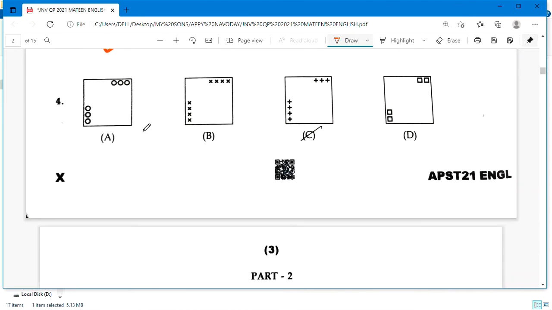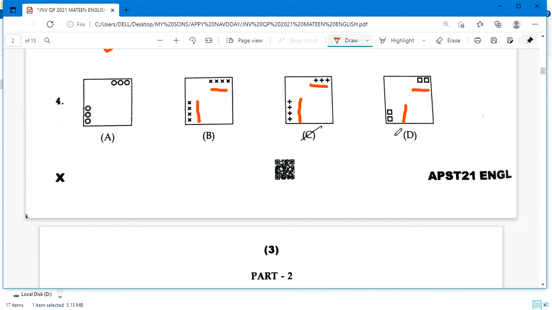Next, the fourth question. All the squares include 4 sub shapes, with the same numbers. It includes 3 circles, but in option B it has 4 and it has 4. For option C, the plus symbols are 4 here and 3 here, and for the fourth option there are 2 squares here and at the top corner 2 squares.